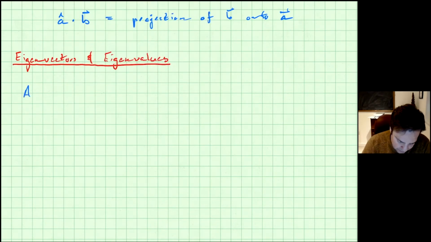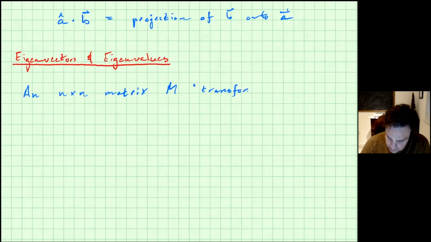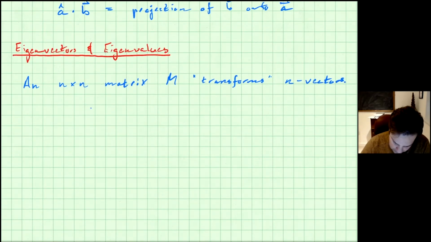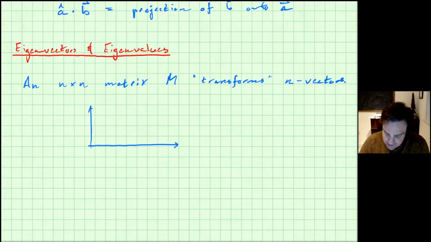So let's say you have a matrix M, an n by n matrix, so it's square. It will transform n-dimensional vectors. Let's suppose that these two axes abstractly represent an n-dimensional space.